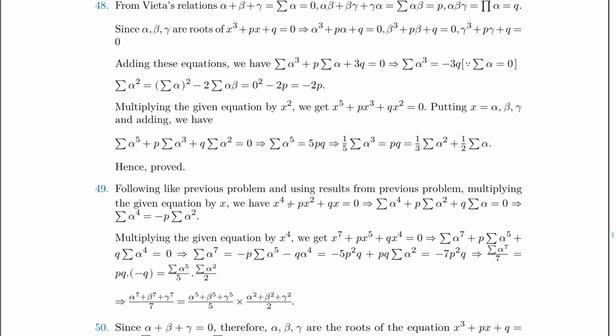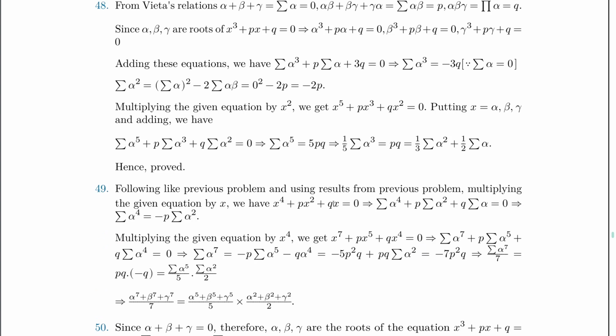We multiply the given equation by x, and since alpha, beta, gamma satisfy it, we have sigma alpha to the power 4, this is cyclic sigma, plus p sigma alpha square plus q sigma alpha is equal to 0. Sorry, I made a mistake.